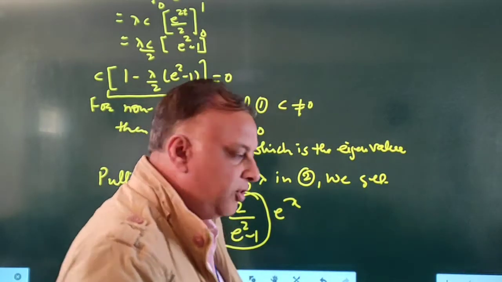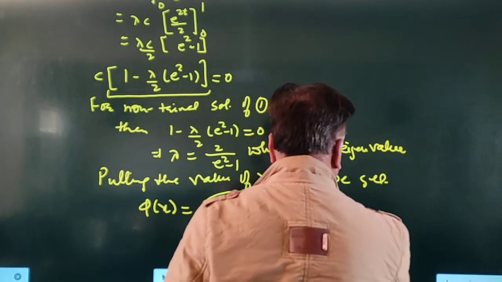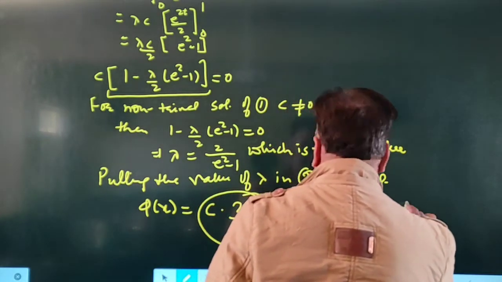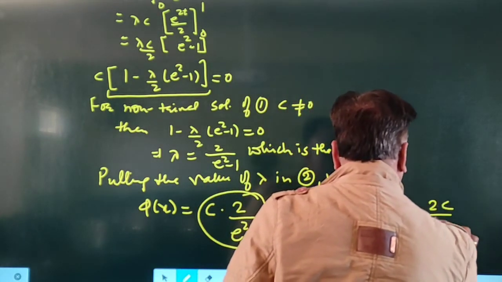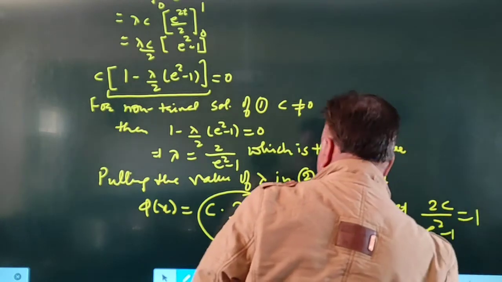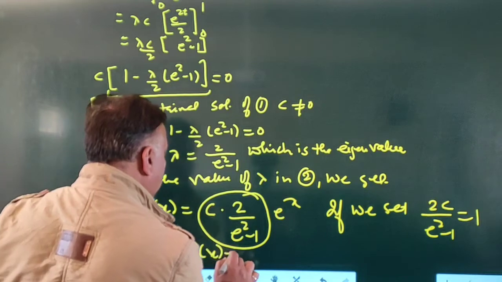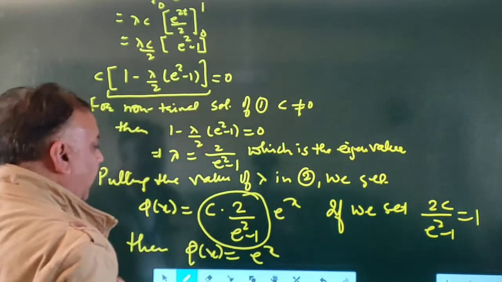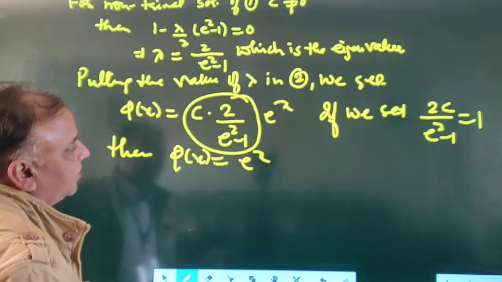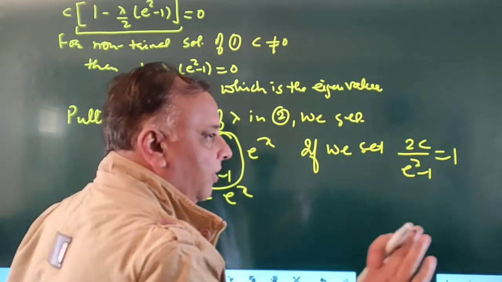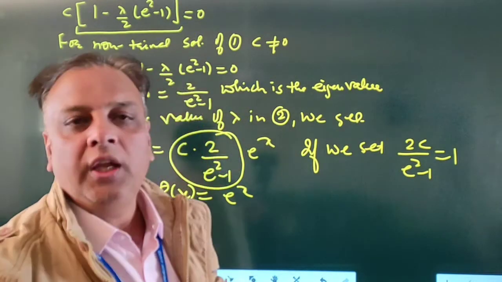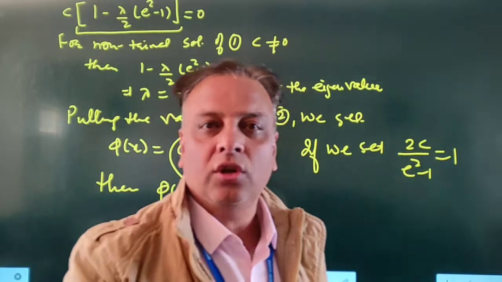If we set 2c upon e square minus 1 is equals to 1, then phi x is equals to e raised to x, and phi x is equals to e raised to x is the required eigenfunction corresponding to the eigenvalue.